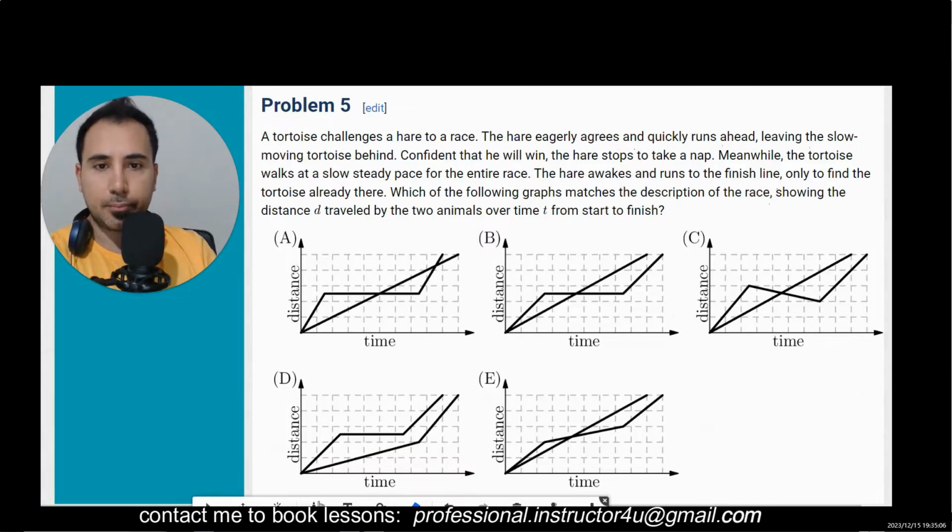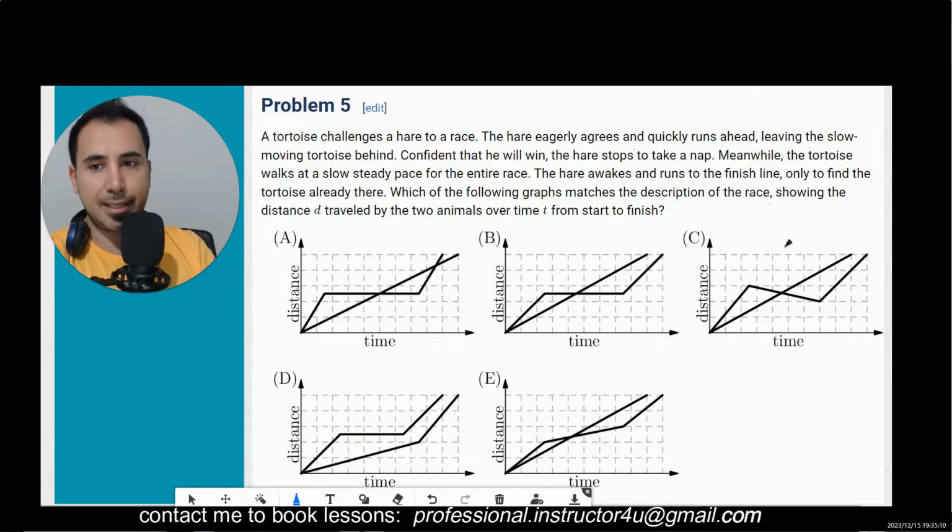So, which one is the tortoise? It's going with steady speed, which is going to be like this one. In all these cases, this is going to be the tortoise. It's going to be this one. This one, however, D, is not.